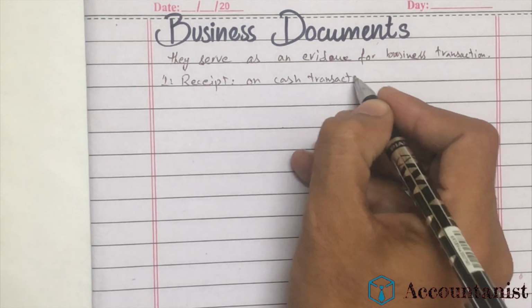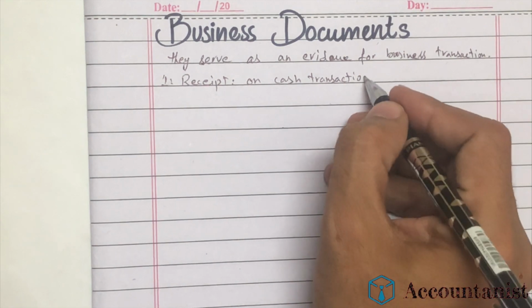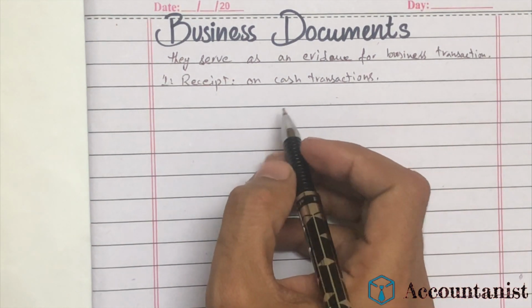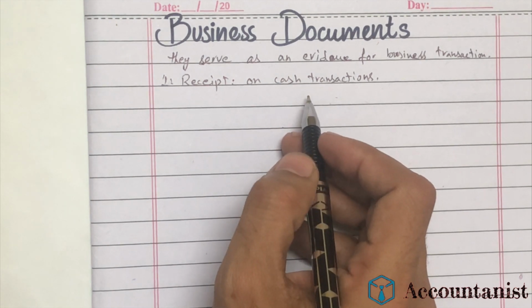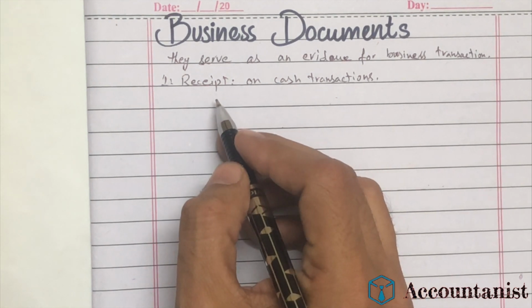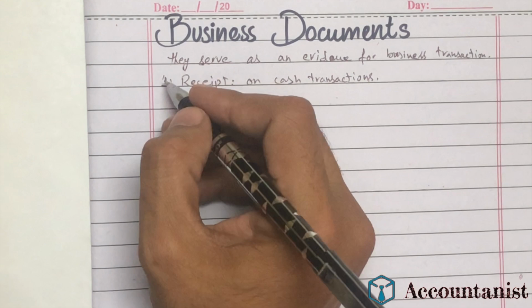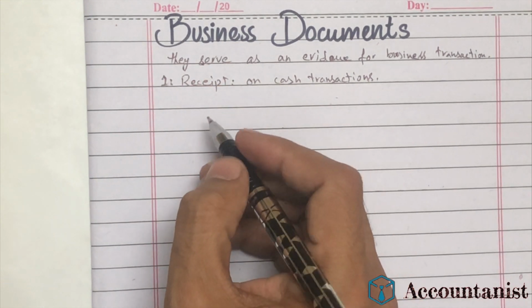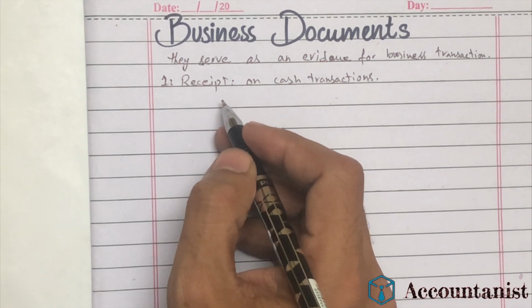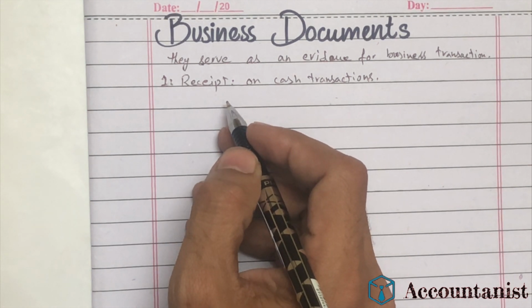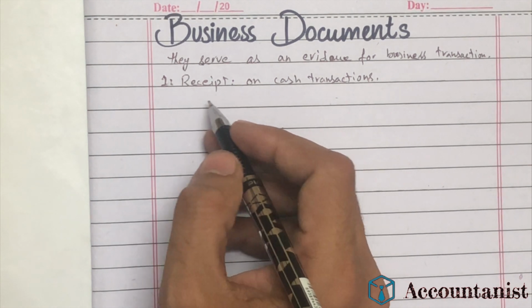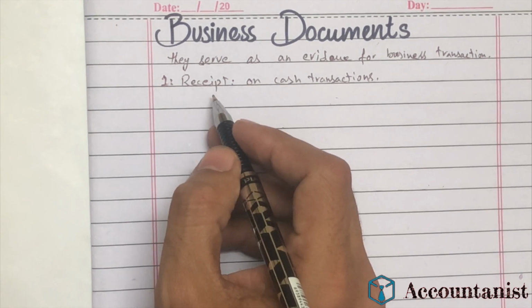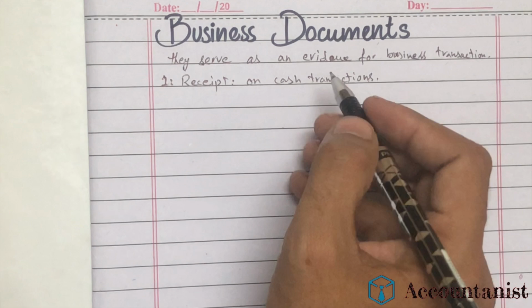Let's suppose we go shopping in the supermarket, we purchase some items, we come to the counter, and the cashier makes the bill for us, and we make the payment, and a receipt comes out from the till. If you read that document, it's written on top that it's a receipt. So it's on cash transactions.